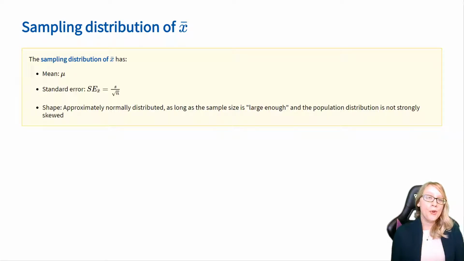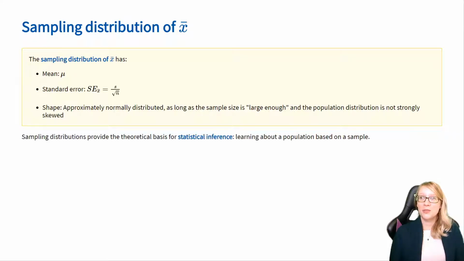If we don't know, or if we aren't willing to assume the population standard deviation, we might use the sample standard deviation S, which you're seeing here. We could also plug in the population standard deviation if that was something we had available to us. The shape of this sampling distribution is approximately normally distributed as long as the sample is what we'll call large enough, and we'll talk about what large enough means in a little bit. Let me get that cursor out of the way for you. And the population distribution is not strongly skewed.